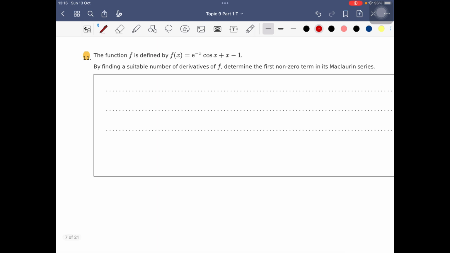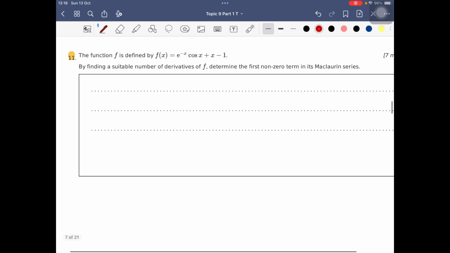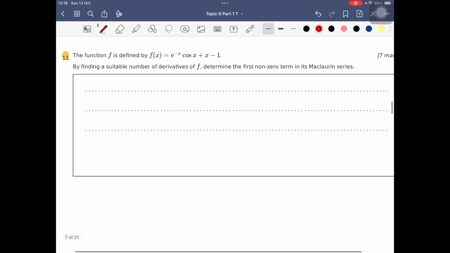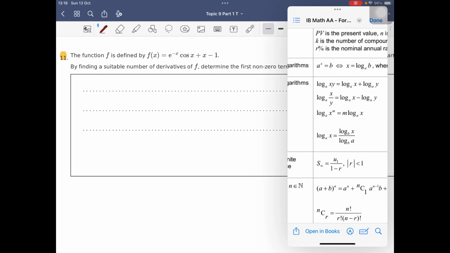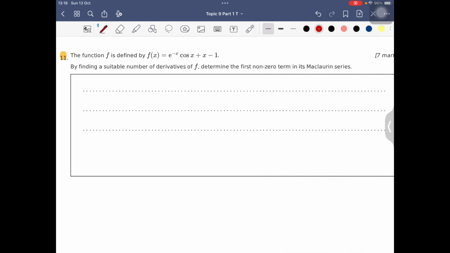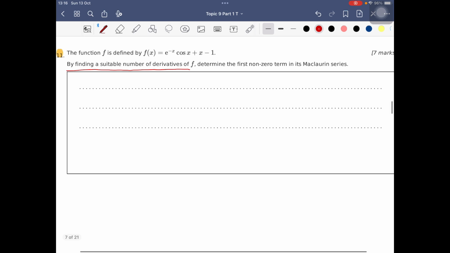Now we have f of x equals e to the negative x cosine x plus x minus 1. Here actually it says by finding a suitable number of derivatives of f, which means we need to find the derivatives.